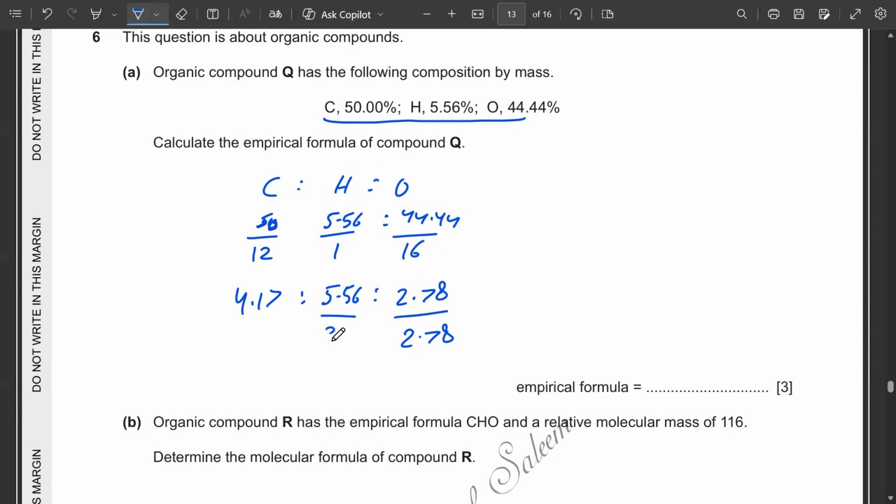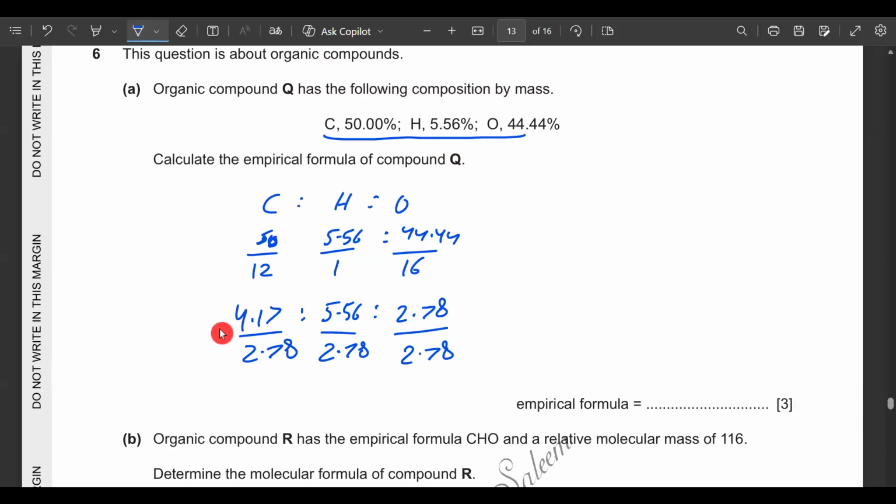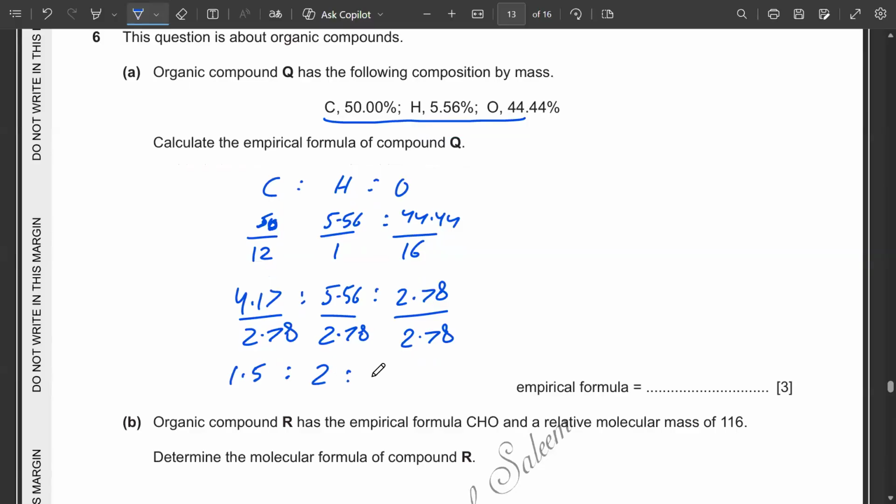Divide with it. Now this is equivalent to 1.5 ratio 2 ratio 1. So this is the simplest ratio of the moles of these elements.